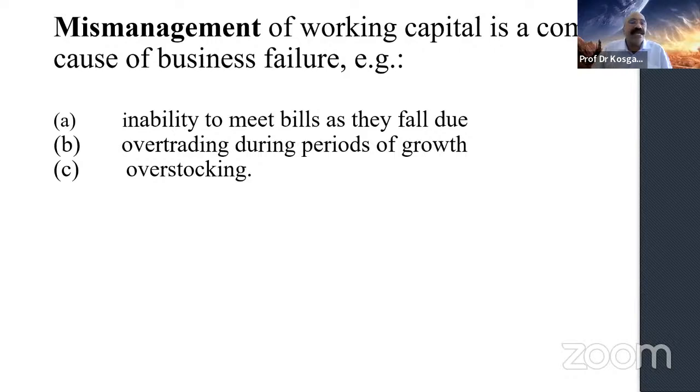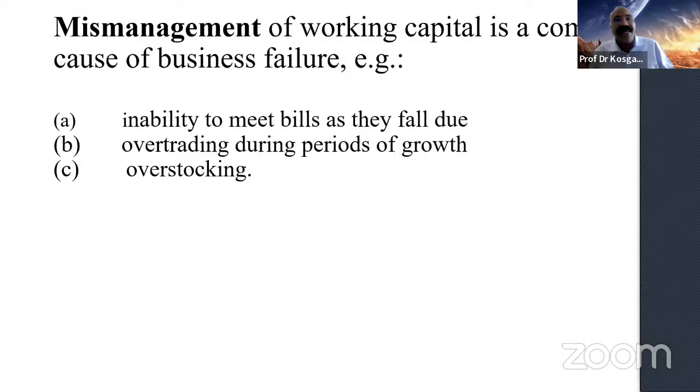And as the book says, it is overstocking, hoarding things in your company without realizing that it has to be sold at a later day. You keep accumulating, you end up paying warehouse tax, warehouse rent, and protecting those items.